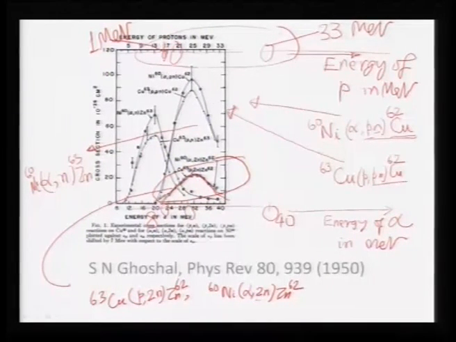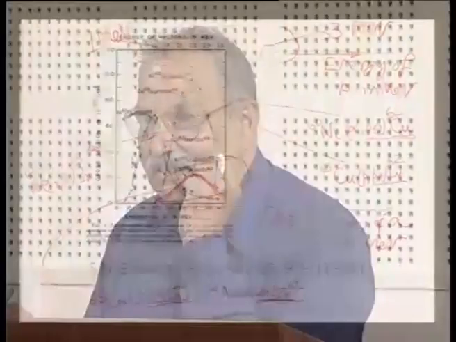So, for the same final product, whether it is formed due to a proton reaction on 63 Cu or due to the reaction of an alpha particle on 60 nickel, the cross section as a function of energy is the same. That means the final decay is independent of how that compound nucleus is formed.